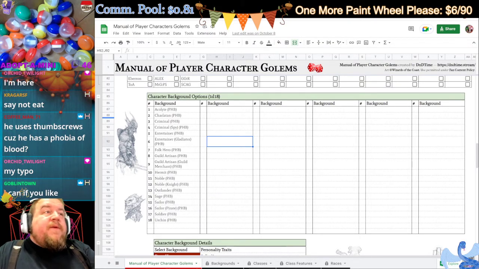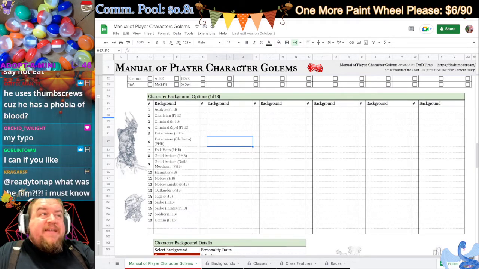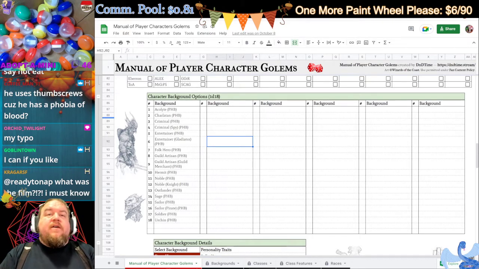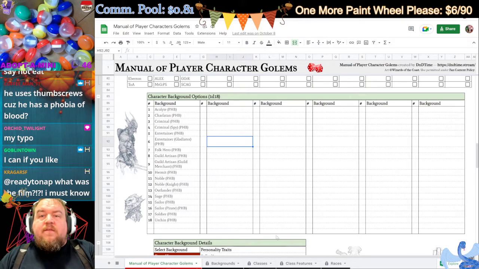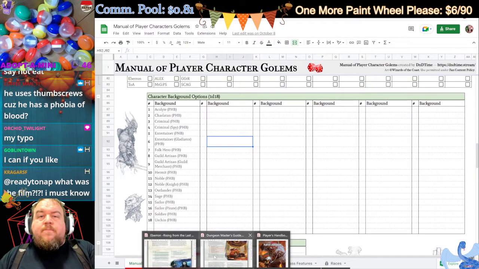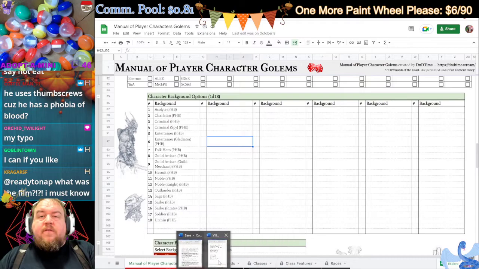Goblin Town, exclamation point 1D18 in chat. Stops on a 15. A sailor. Okay. Very interesting.